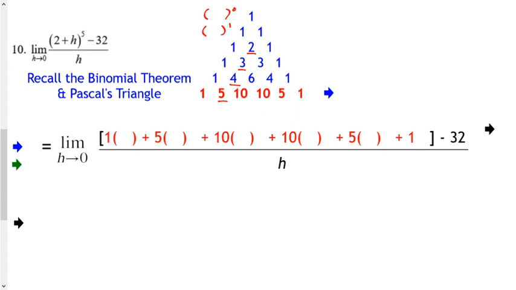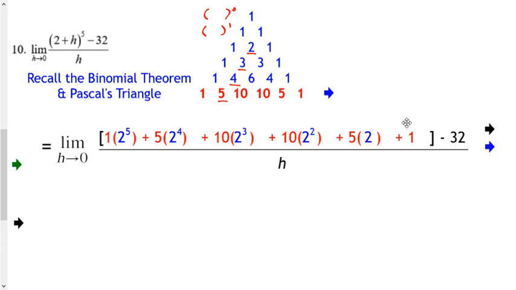Then you'll remember from the binomial theorem that I look at the first term in the binomial, which is a 2, and that will be multiplied to each of these terms, starting with the 2 to the 5th, 2 to the 4th, and so on. So I get these values. There we go. 2 to the 5th, 2 to the 4th, 2 cubed, 2 squared, 2 to the exponent 1, 2 to the 0.